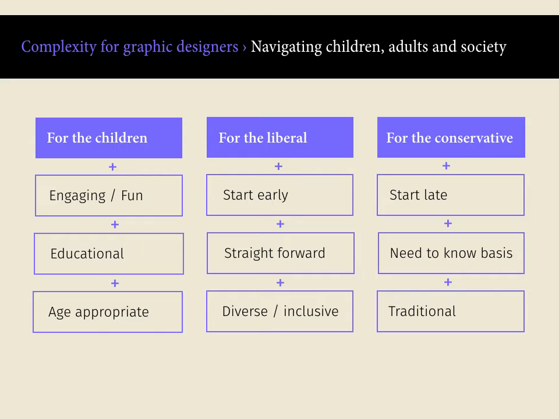Designers must find a way to accommodate those who believe sexuality education must start early, must use plain, straightforward language, and must be diverse and inclusive, and those who believe that sexuality should not be taught to children or should be taught as late as possible on a need-to-know basis only and should be discussed within the more traditional constructs of heteronormative reproduction.